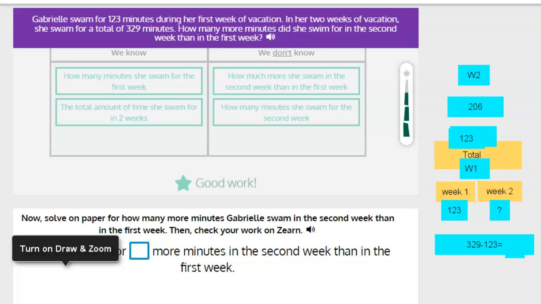So in order to find how many more minutes she swam in the second week than in the first week, what operation do we need to use to help us solve? You got it, subtraction. So our equation to help us solve for the second step of this problem would be 206 minus 123.